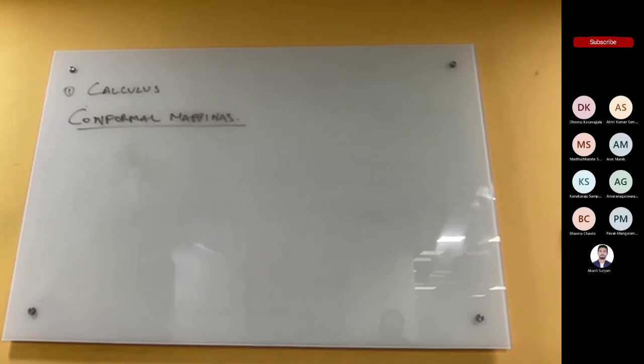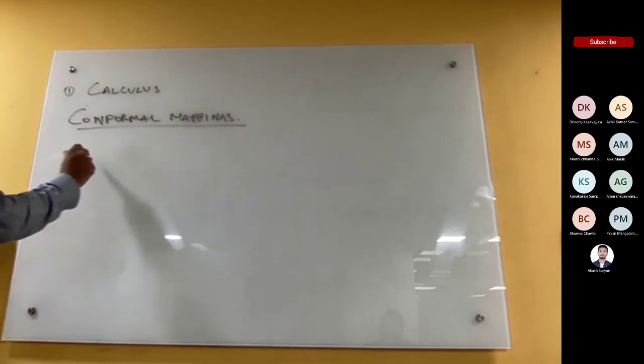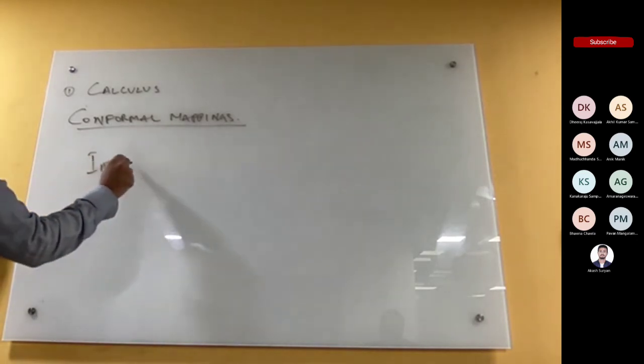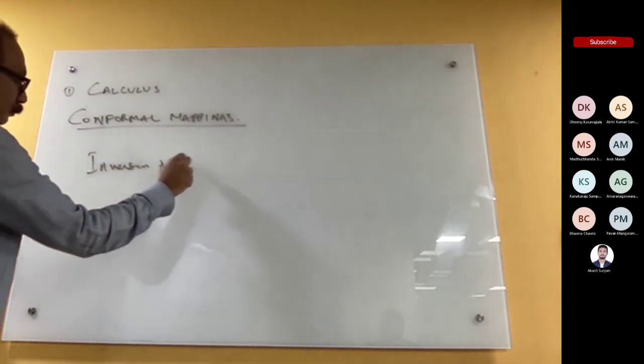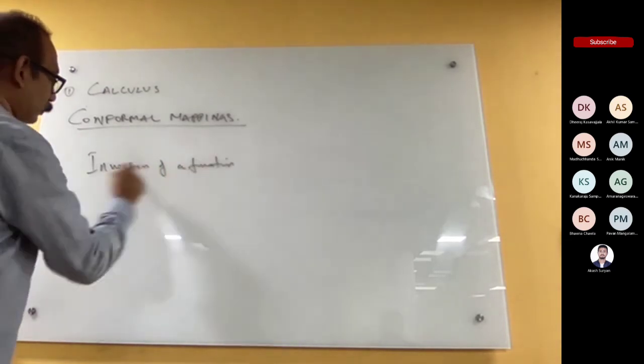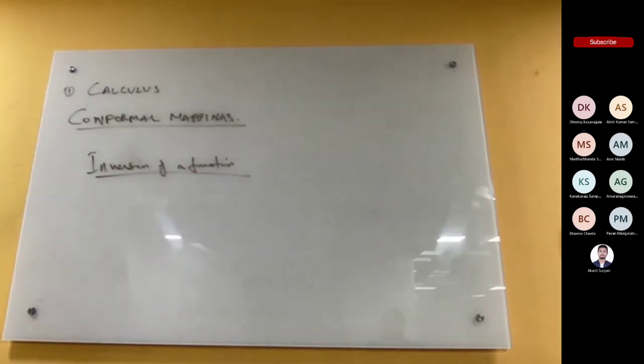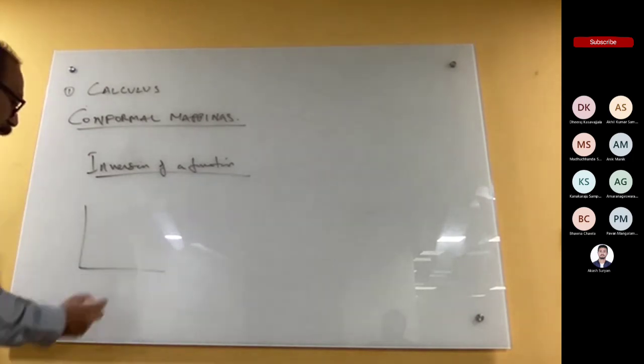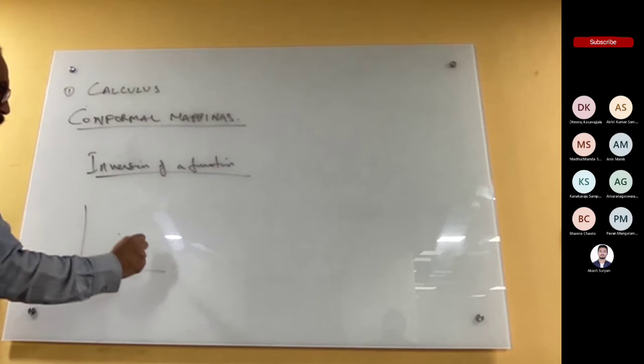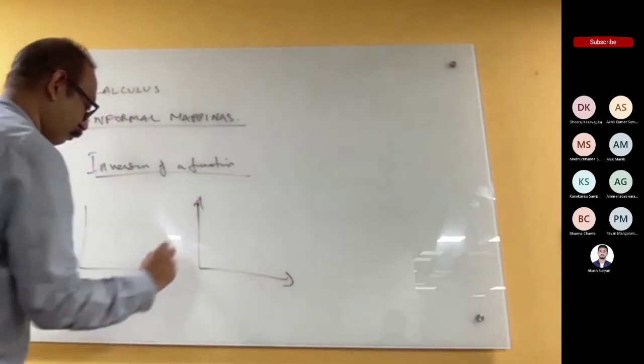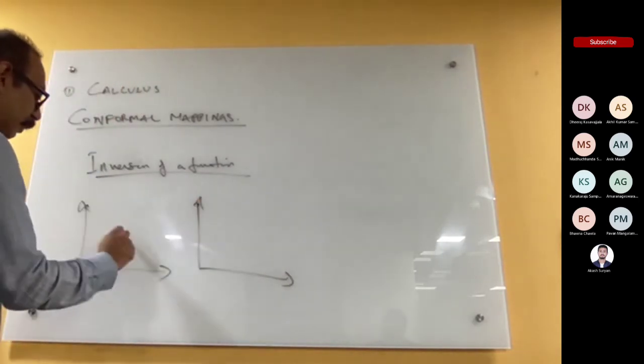See, there is something called local inversion of a function. Let us talk about this in the real world. Now, in the real world, let's say there's a point and you map the point to something else.